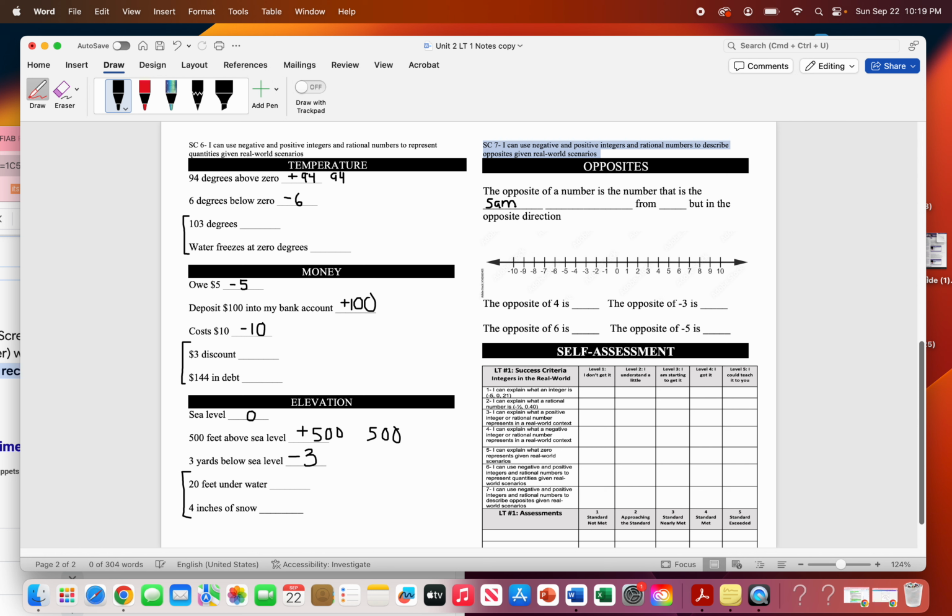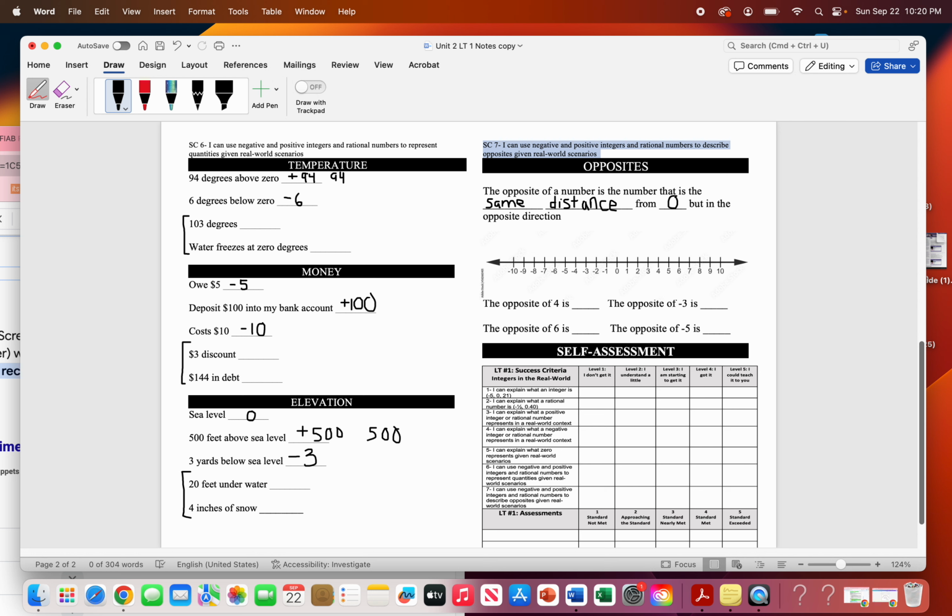So write same distance, or the same amount of spaces. The same distance from 0, but in the opposite direction.